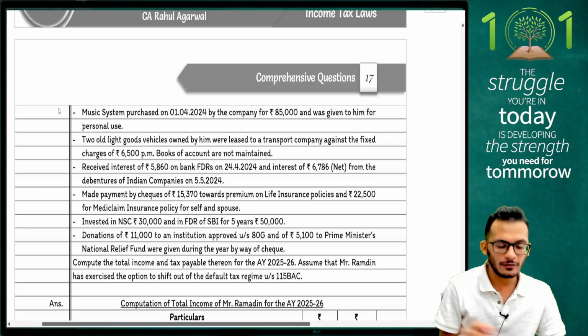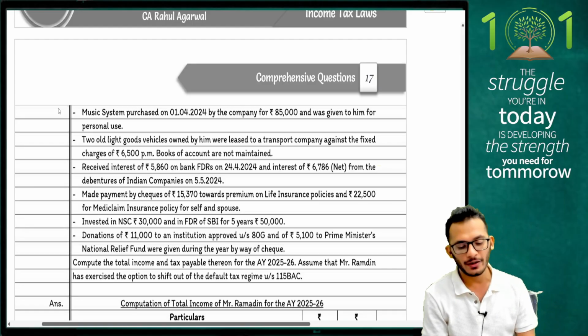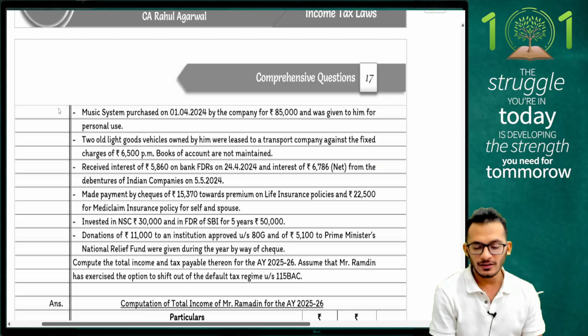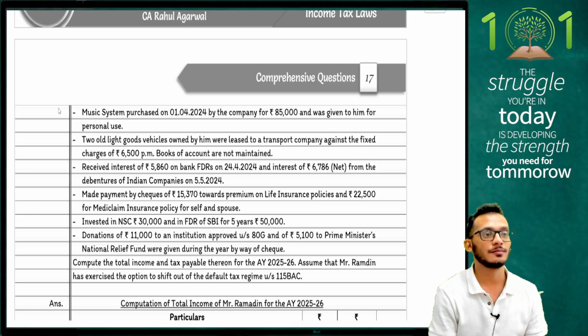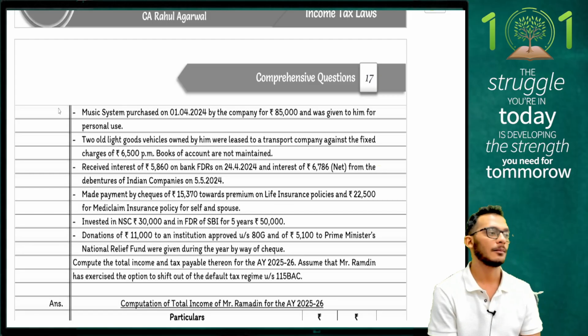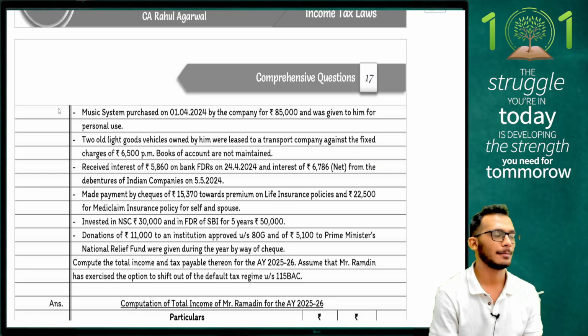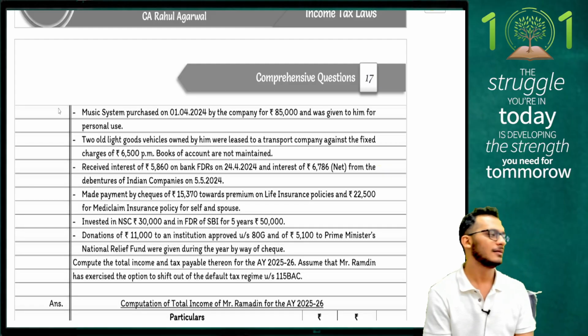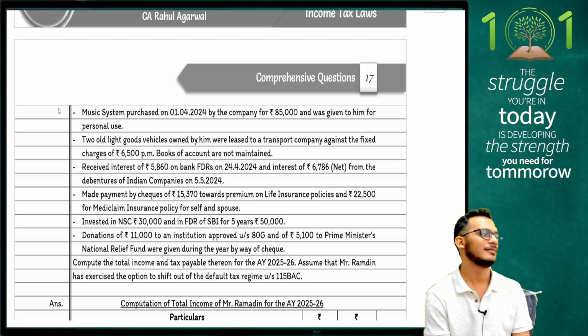A music system purchased on 1st April 24 by the company for 85,000 rupees was given to him for his personal use. So we'll reduce depreciation.